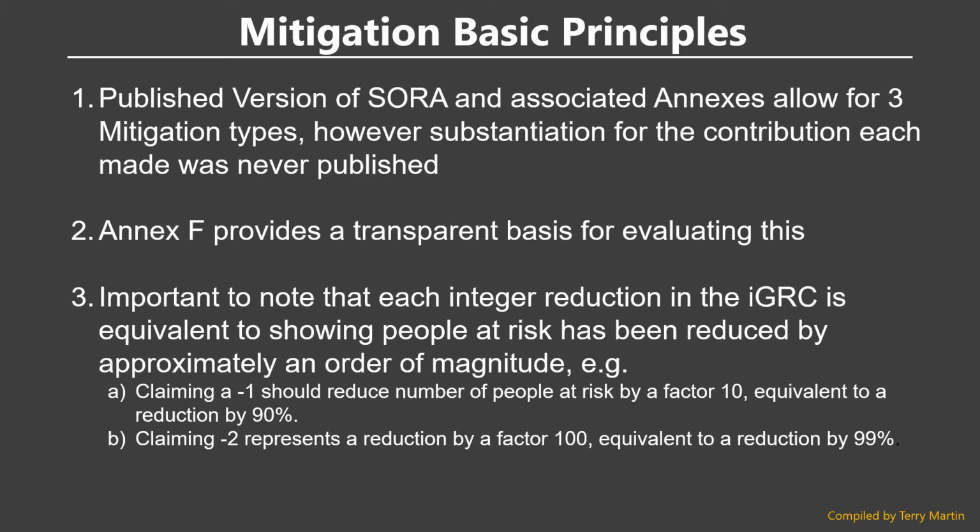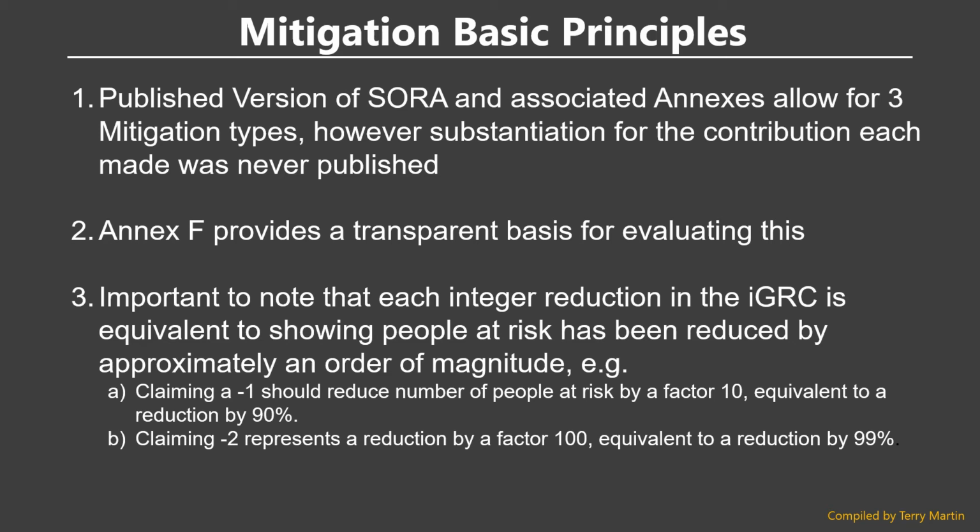And at this point, I will emphasise, as should have become apparent as I worked through the failure rates and the linkages to scores, that a -1 in GRC essentially equates to an order of magnitude.